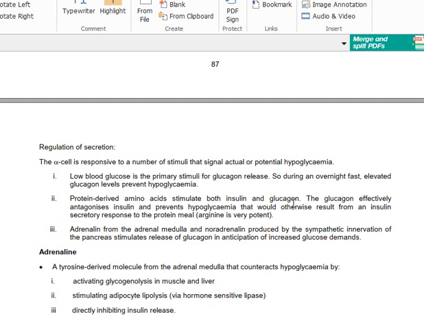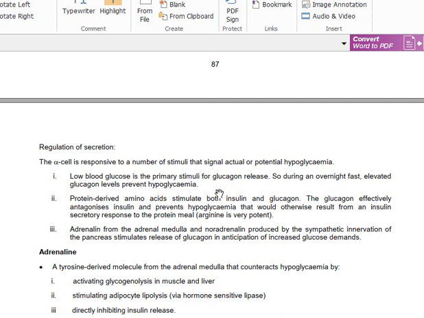Is it clear? So that's why if you eat a diet which is high in proteins and low in carbohydrate, you feel as if you are not at satiety, because the glucose level is going to neither increase nor decrease, because both insulin and glucagon are secreted at the same time.